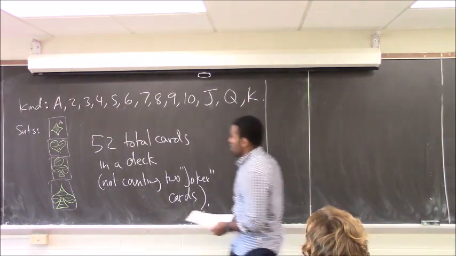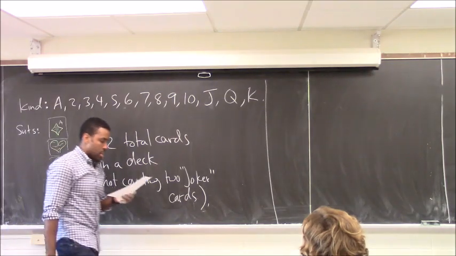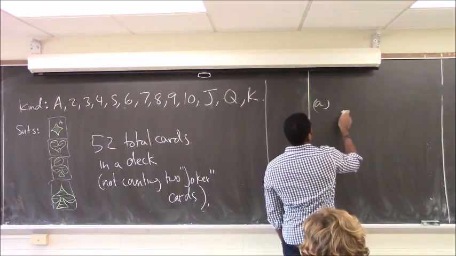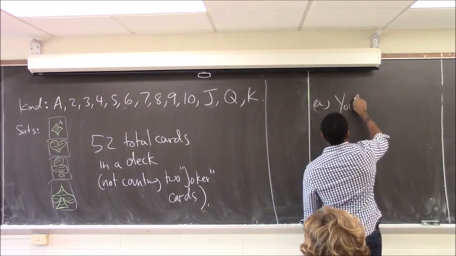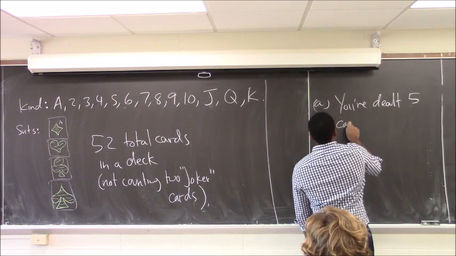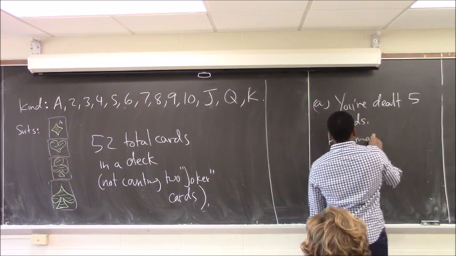So we're going to count the kinds of card hands you can have, or one particular kind of card hand. So first, A. You're dealt 5 cards. How many possible hands?